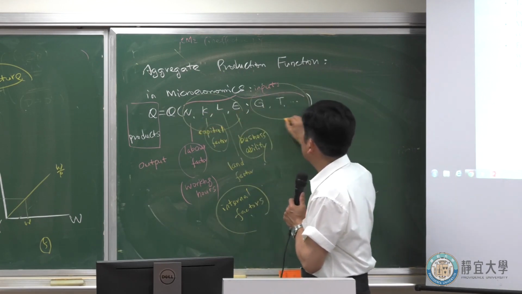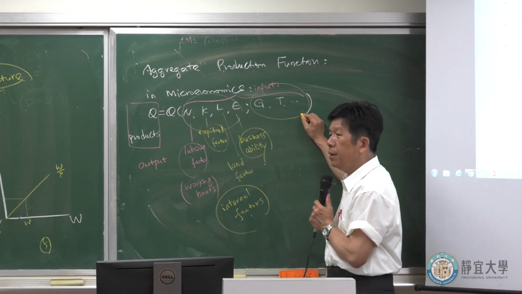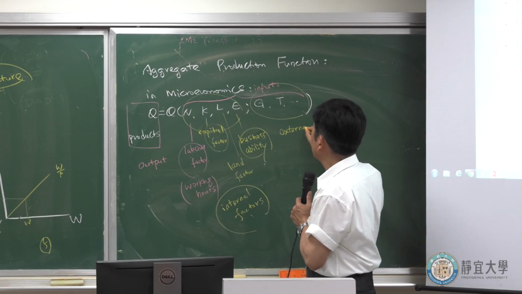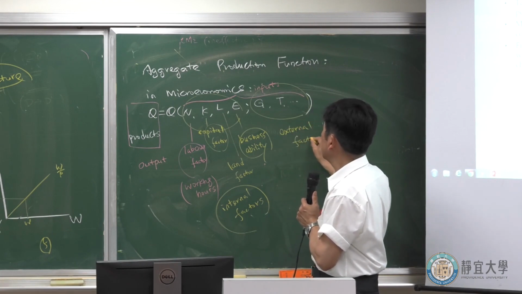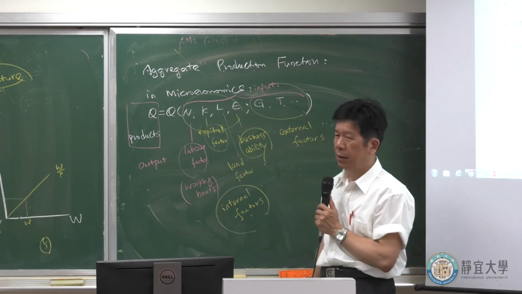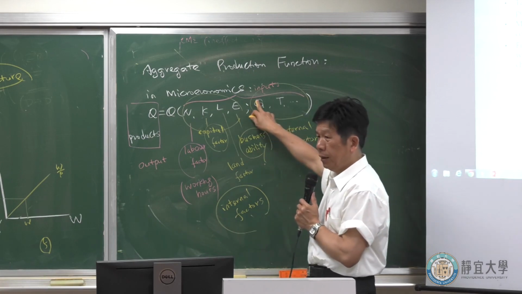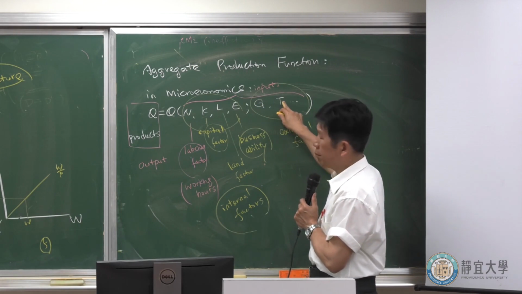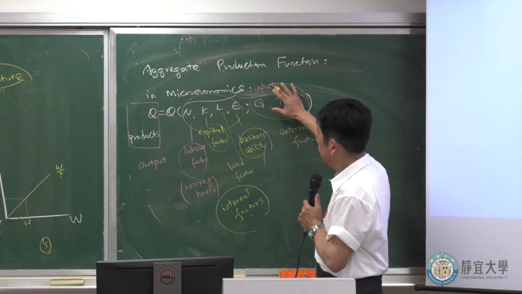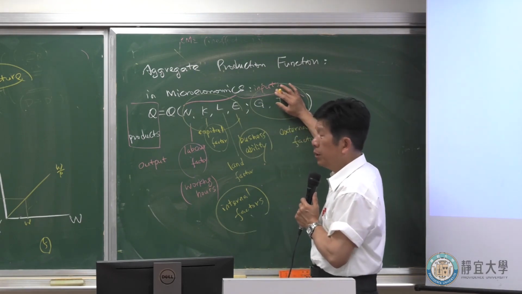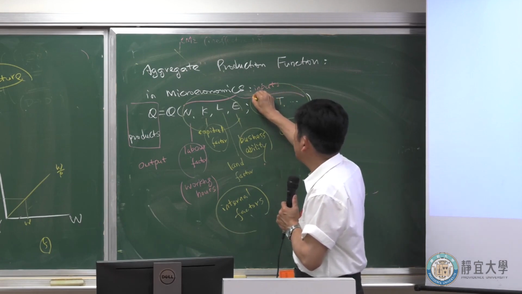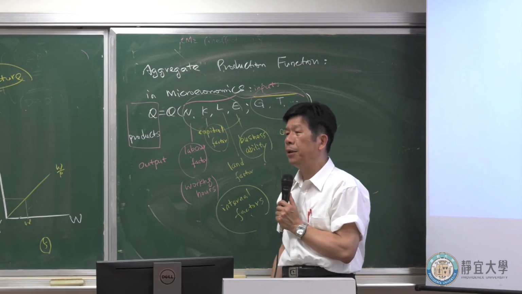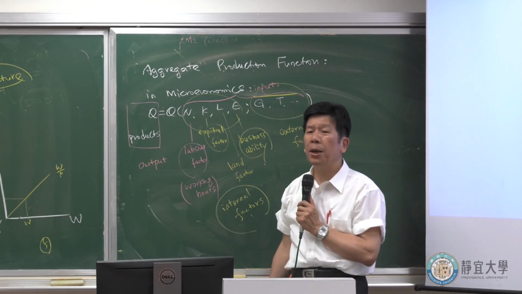The other one we call the environment, or the external factors. What are the external factors? Like government policy, government spending, or the tax system. We cannot control these, so we just let them all be constant, because they depend on the government, not on the company.